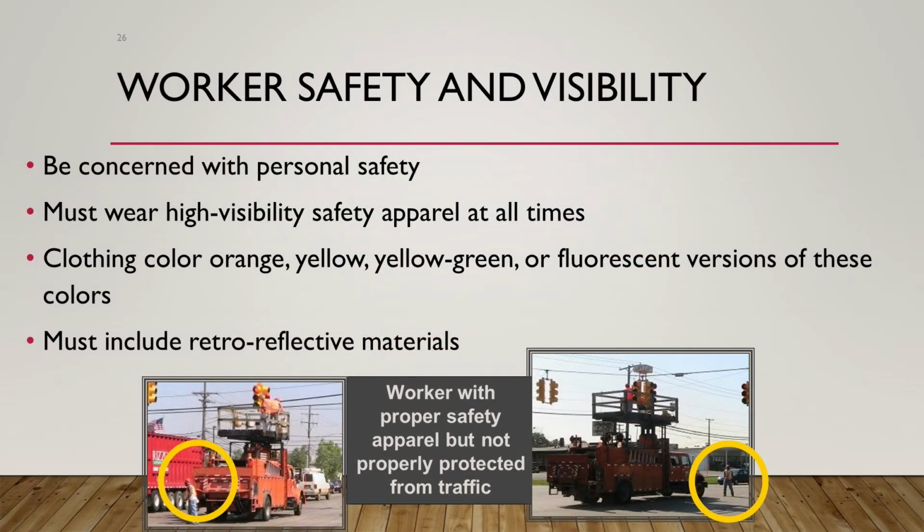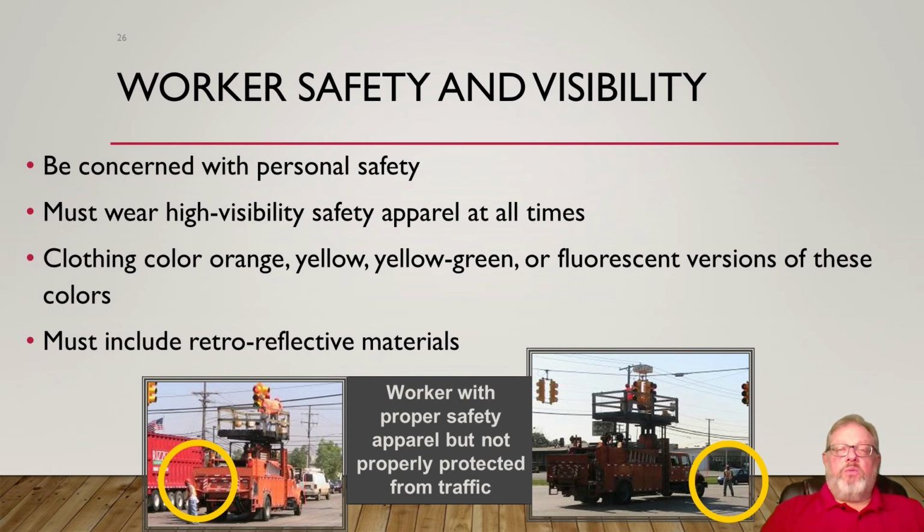Worker safety and visibility. We've got to be concerned with personal visibility and personal safety. When we're talking about being exposed to traffic and being exposed to people that are driving all kinds of vehicles, we have to make sure we protect the people that are in the work zone. You have to wear high visibility safety apparel at all times.